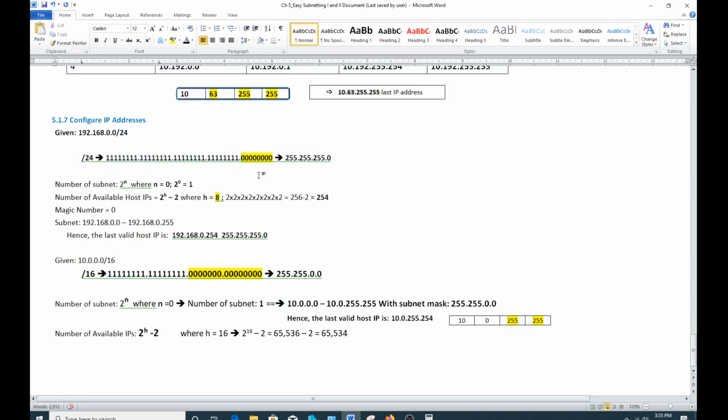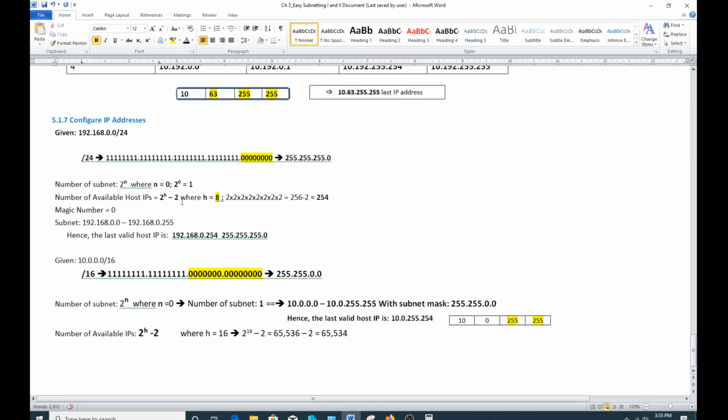In this case, it is a class C default subnet mask. So we know that it only has one subnet, but just in case, we use our formula. Our formula says the number of subnets is 2 to the n. What is n? Well, there's no borrowed bit, so n is 0. 2 to the 0 power is 1, so it's correct.